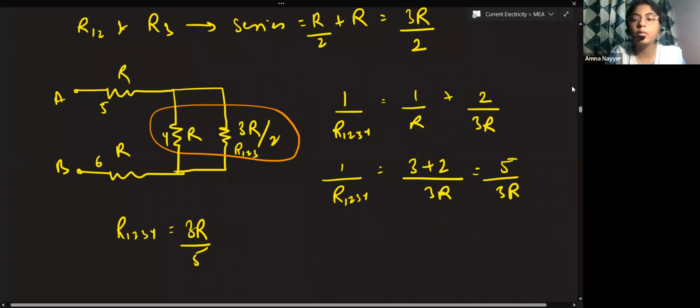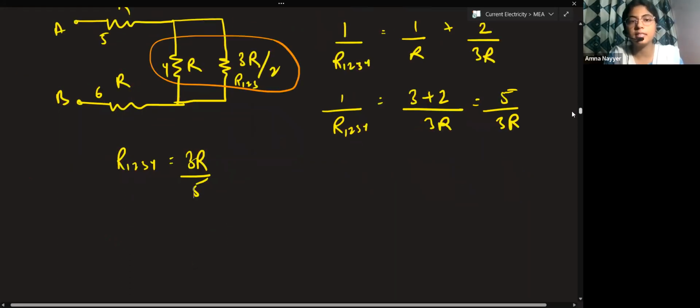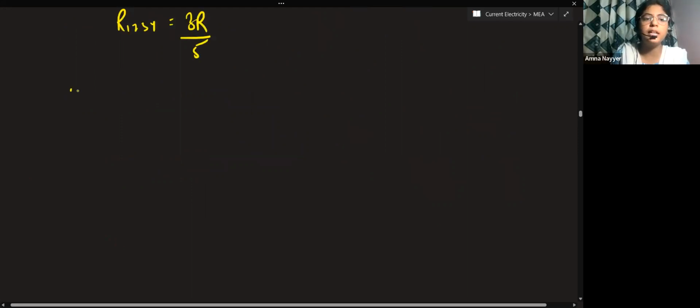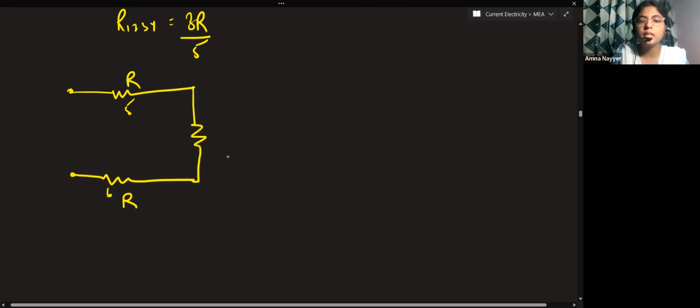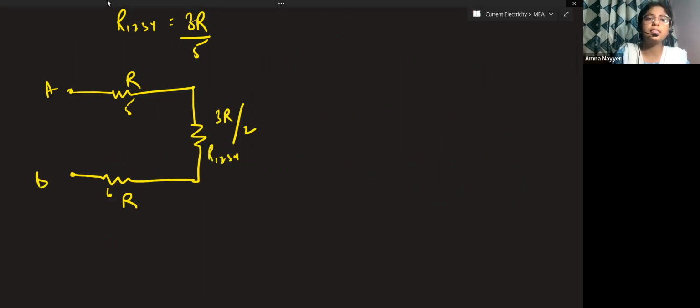Now we have to find out the net resistance. Net resistance means equivalent resistance. So this is the fifth one, which is having the value R. This is the sixth one, which is having the value R. Here R1, 2, 3, 4 is there, which is having the value 3R by 5. Now you can see all these three are connected in series.